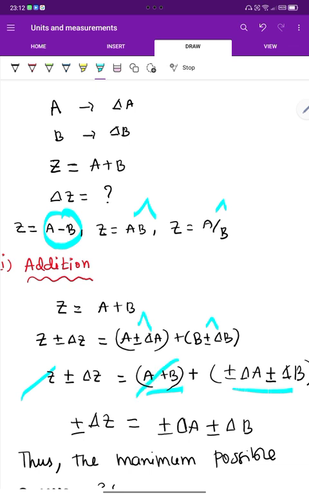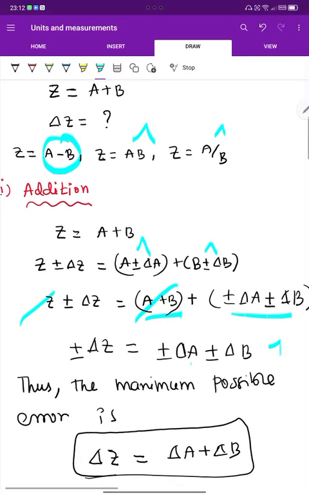So the error in the resultant quantity, that is the addition of two quantities, is plus or minus delta A and delta B. The maximum possible error is simply the sum of the positive signs of these individual errors: delta Z is equal to delta A plus delta B. This is the maximum possible error in the resultant quantity when we add two quantities A and B.